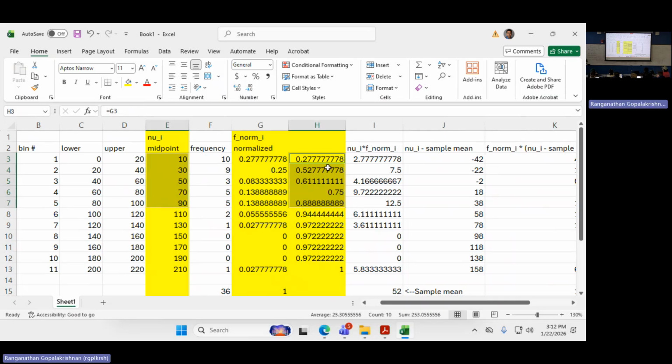I leave it to you. Think and tell me, should we consider that between 10 and 90 we have 0.88 minus 0.28, or 0.89 minus 0.28, or should we just think 90% of the data lies between 10 and 90?